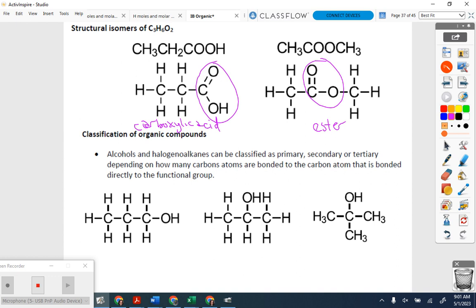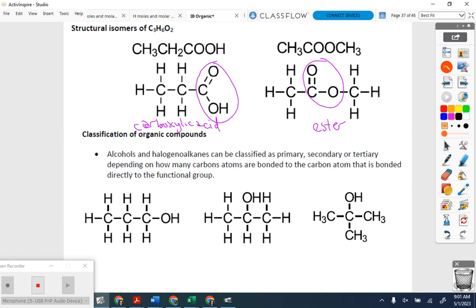Okay. All right, one more structural thing. When we are talking about the position of a substituent group on a carbon chain, it's usually the alcohols and the halogenoalkanes that we talk about in this way, because they're the ones that can be anywhere, right?